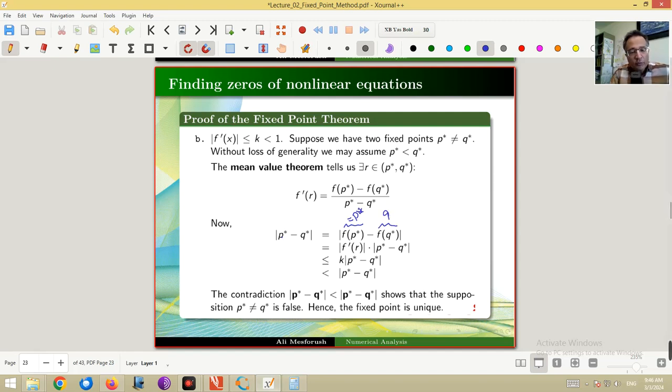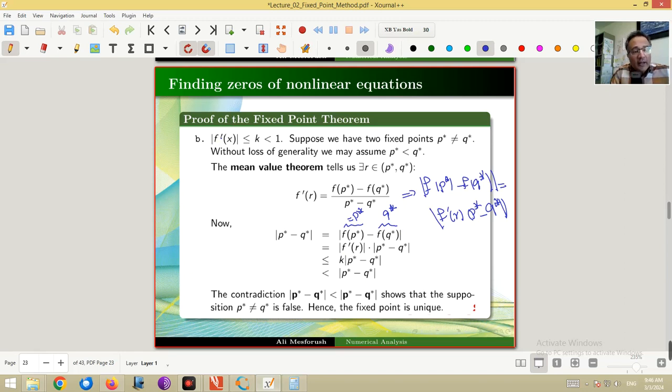In fact, we put f of p star instead of p star, and f of q star instead of q star. Using this equality, we get f of p star minus f of q star is equal to f prime of r times p star minus q star. We put the absolute value here.